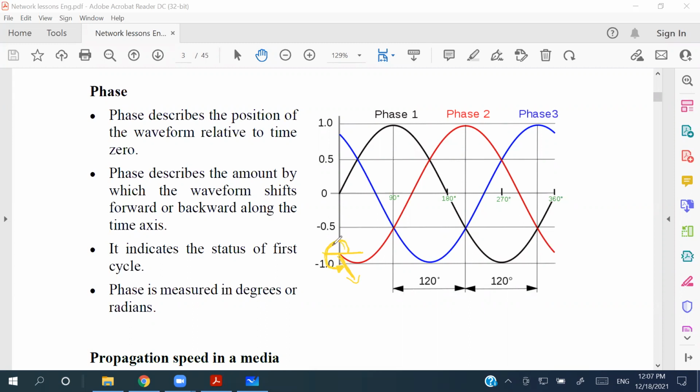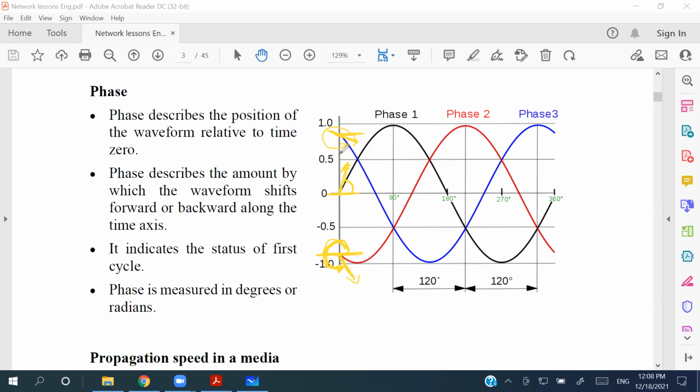So this is the angle of the wave to the x-axis. And if you think about this, this is going to be the angle. And this is going to be the angle, right?